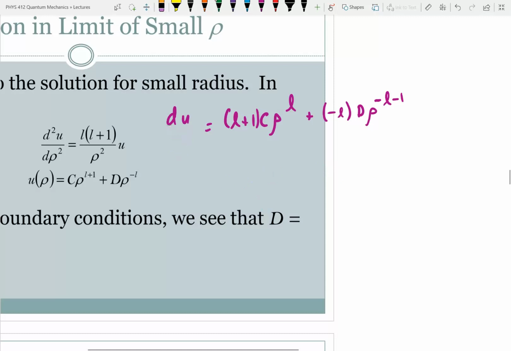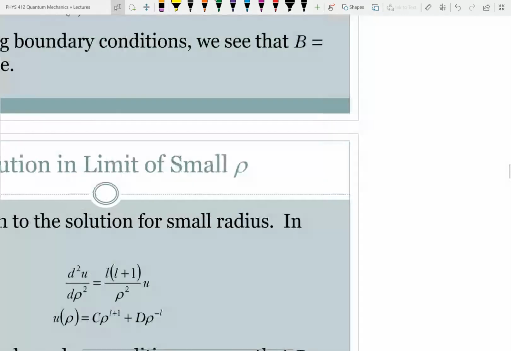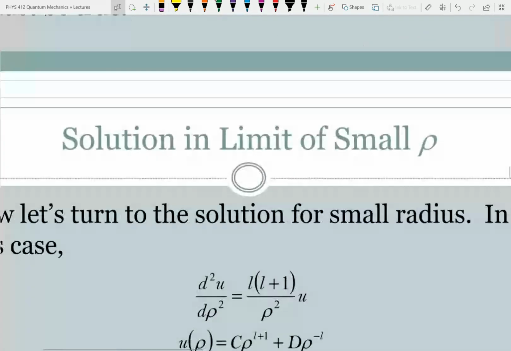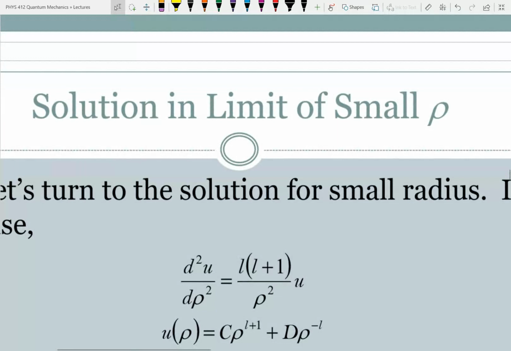But only one of them works. Which boundary is this one going to be looking at? The 0. As rho approaches 0, what happens to the first term? It's rho to the l plus 1, and 0 to any power is going to be 0.